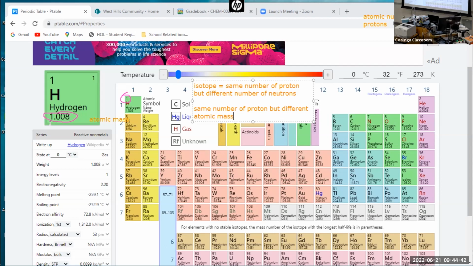If we're talking about one of the isotopes of lithium, let's say lithium 5, how many neutrons does lithium 5 have? 5 minus 3. Okay, so you guys good there?